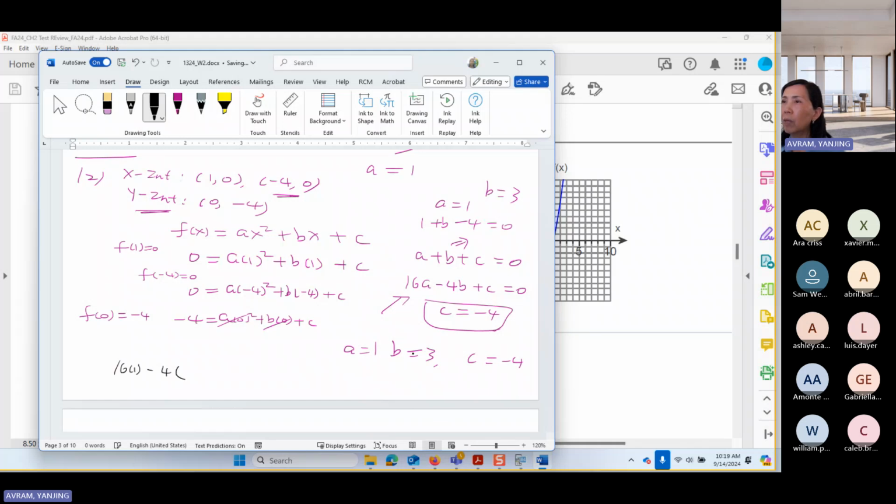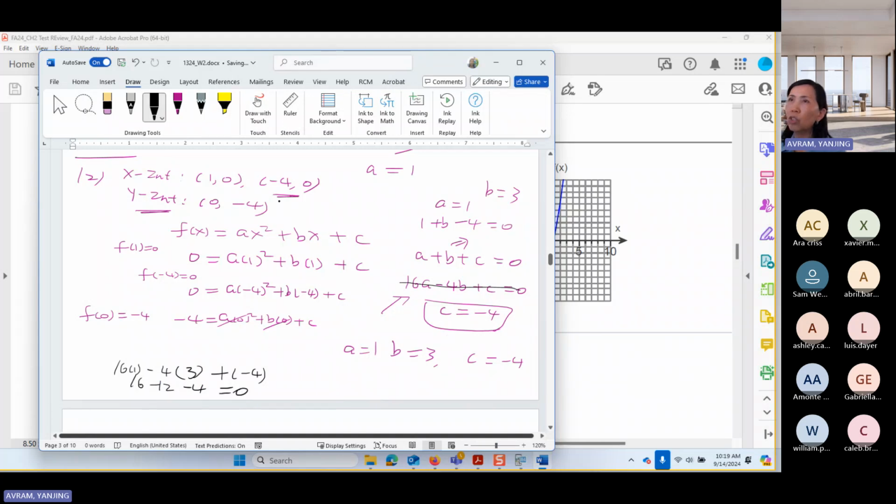Oh, yeah, I plugged the wrong one here; I plugged B for the C. So B here is 3, and then plus C, which is negative 4. So that's 16 minus 12 minus 4, which is equal to 0. So that's exactly right. We actually do not need this second one in order to find B, but we can just use it to double check. Using A equal to 1 is really easy.